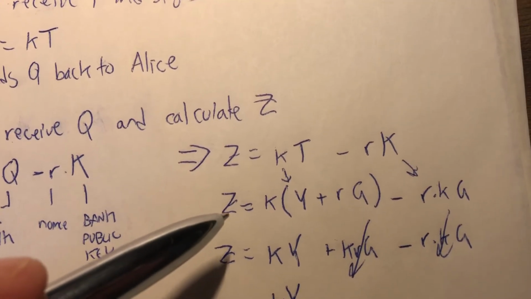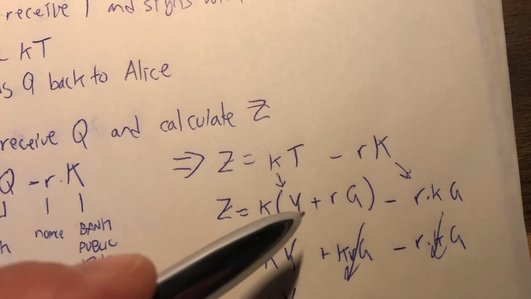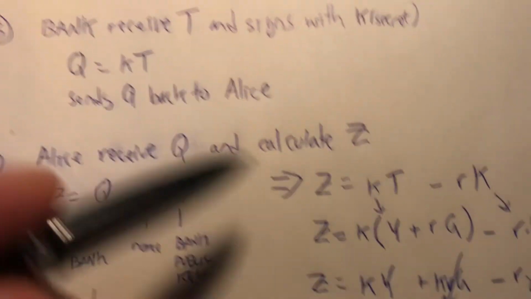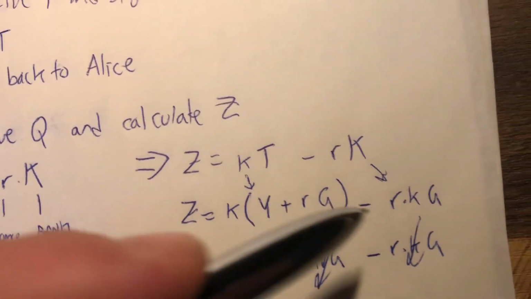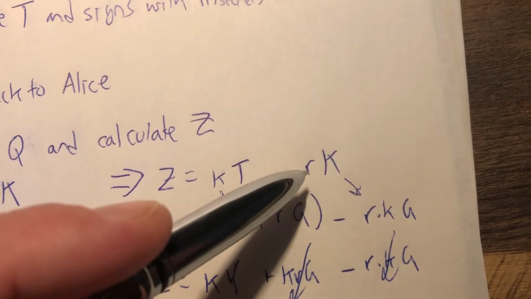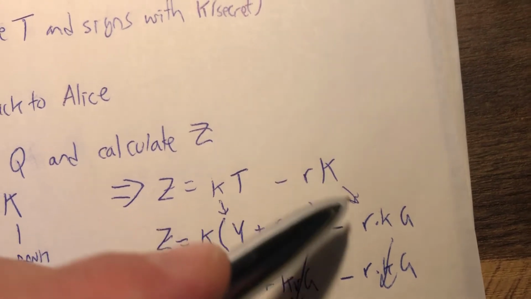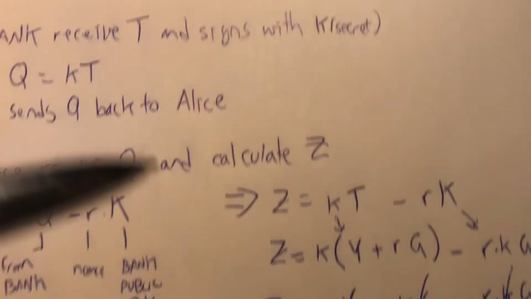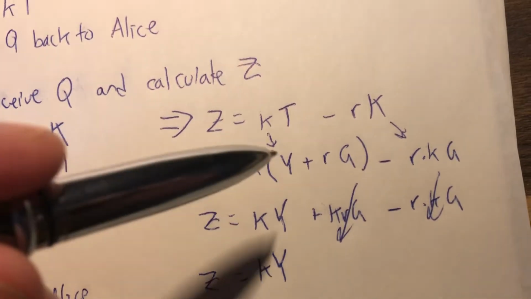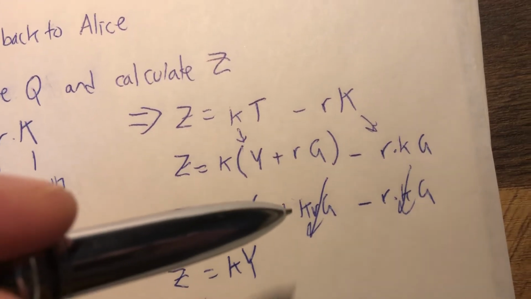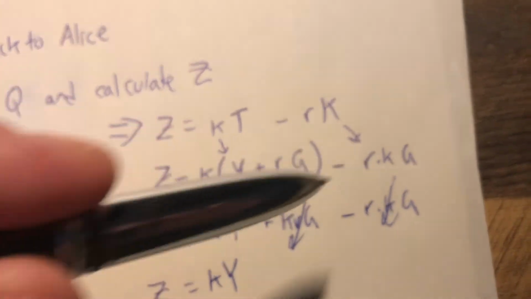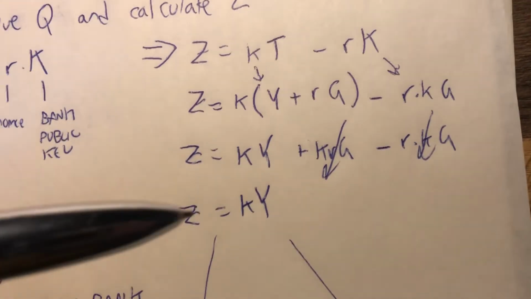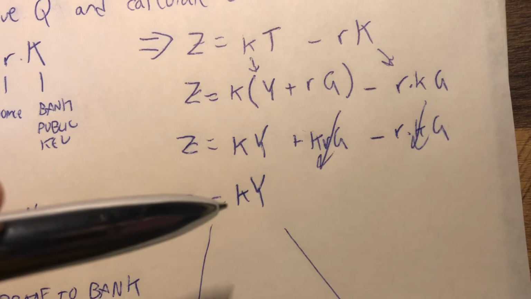T was Y plus rG, multiplied by k, minus r times the public key, which is k times G. You expand it, and you notice that the intermediate terms cancel out, and Z is equal to kY.